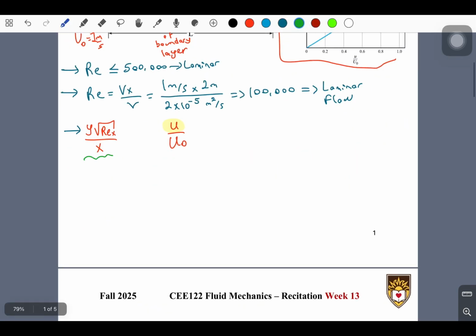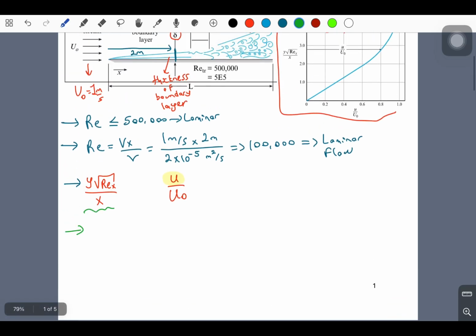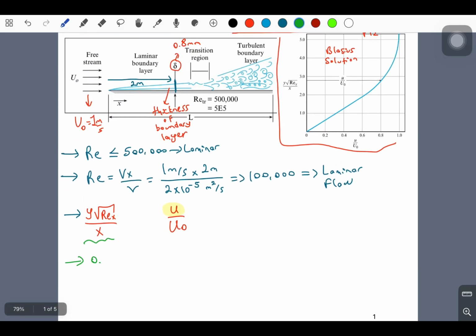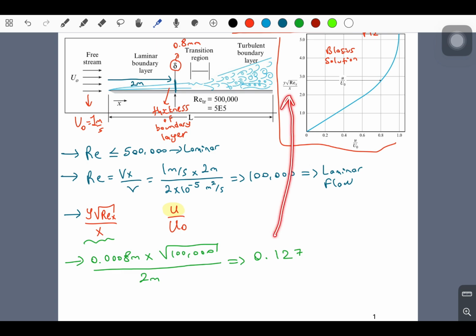Let's first find this term. y is the thickness of the boundary layer, which was given as 0.8 millimeter or 0.0008 meter, times the square root of 100,000, which is the Reynolds number, divided by x, which was given as 2 meters. From here we have 0.127. So this means we have the y-axis value as 0.127.